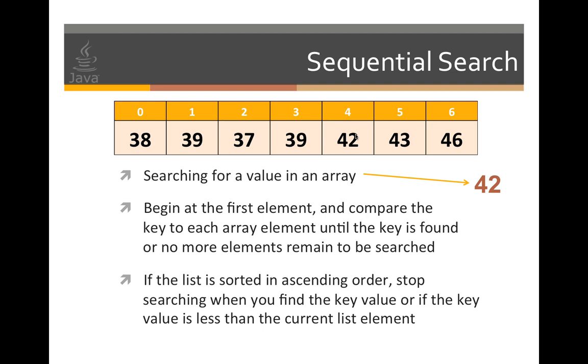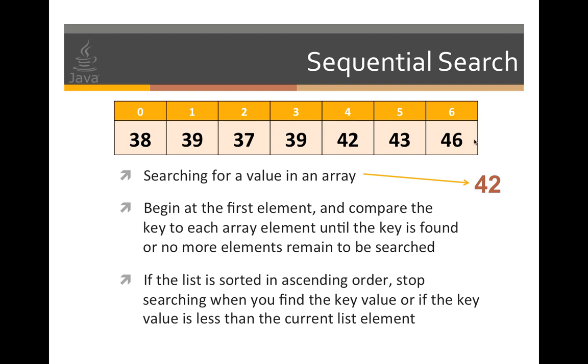In this case, the order doesn't matter. Whatever the order of the values is, it doesn't have to matter. So we could just go until we hit the end of the list, and if it's there, great. If it's not, we'll say, nope, it's not here. If the list happens to be sorted in order, this could be helpful.